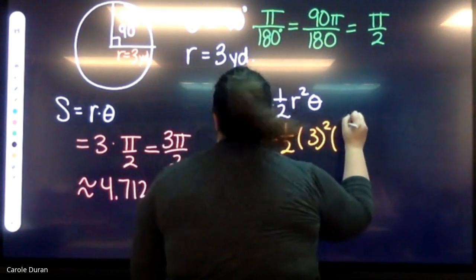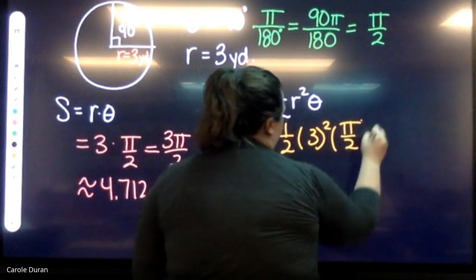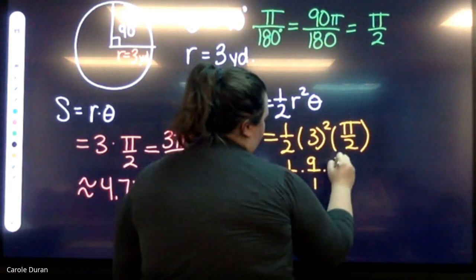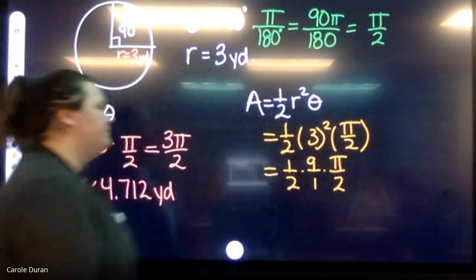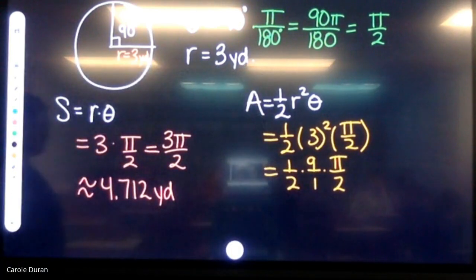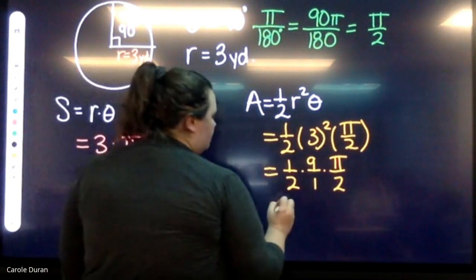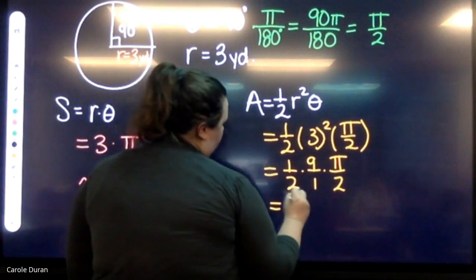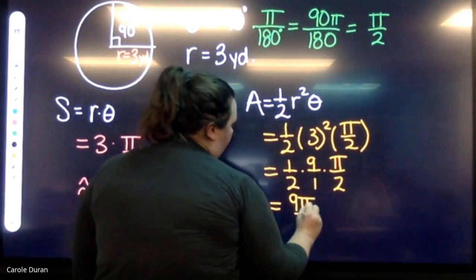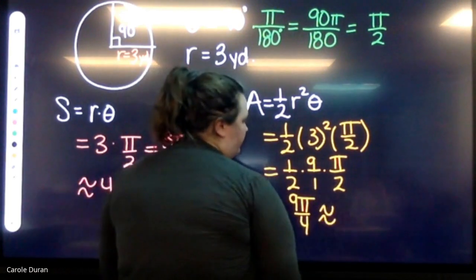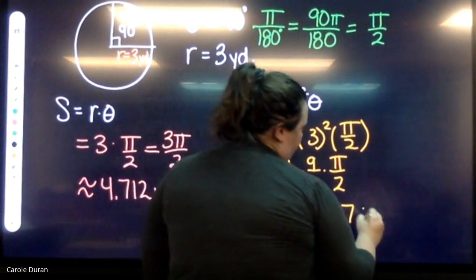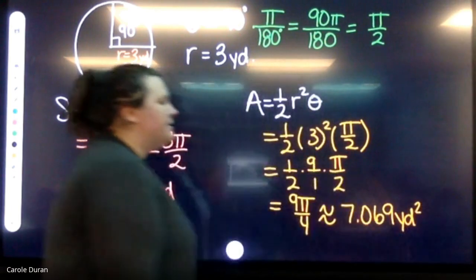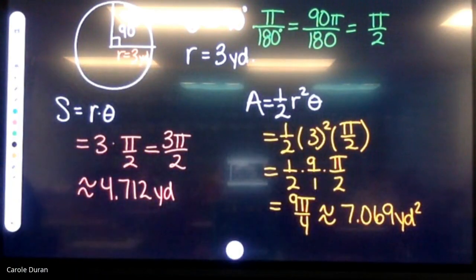So 3 squared, and then I put pi over 2. Then from there, I had 9 over 2 times pi over 2, and 9 pi over 4. And that gave me 7.069 squared. Show of hands, who got 7.069 yards squared?